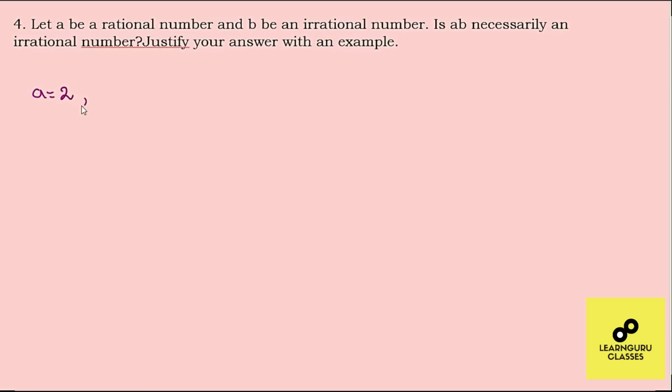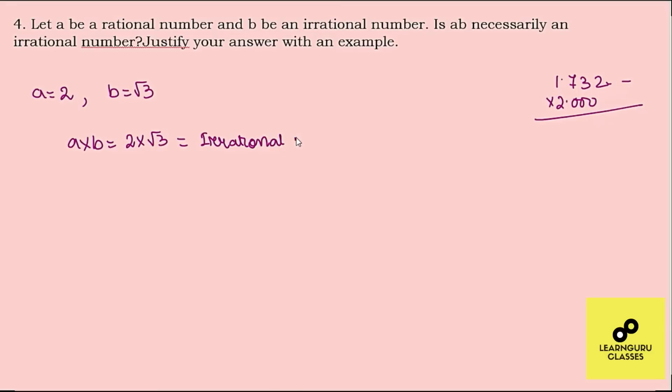Root over 3 is 1.732, and if we multiply this with 2, the result will also give you a non-terminating and non-repeating decimal expansion. So this is an irrational number.